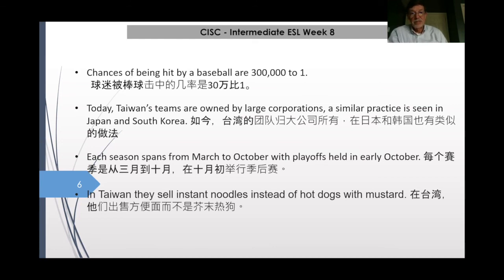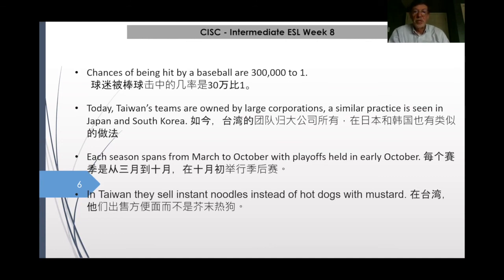Today's Taiwan teams are owned by large corporations. A similar practice is seen in Japan and South Korea. Our Mariners here in Seattle, one of the largest stockholders of that team is Nintendo of Japan.